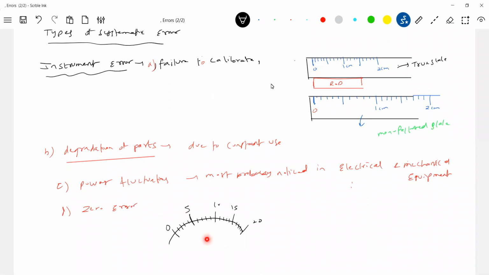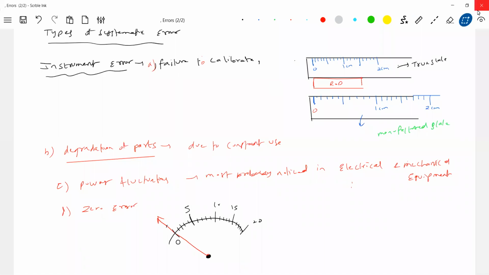When you are not using that scale, the zero should exactly lie at this particular point. When there is no measurement, the pointer should merge with the zero.